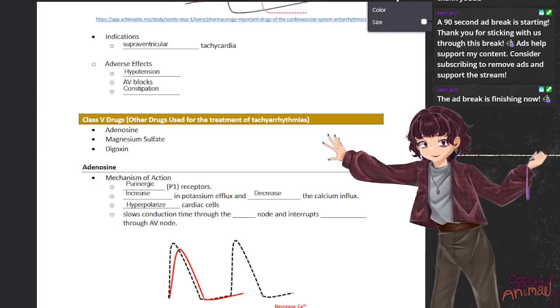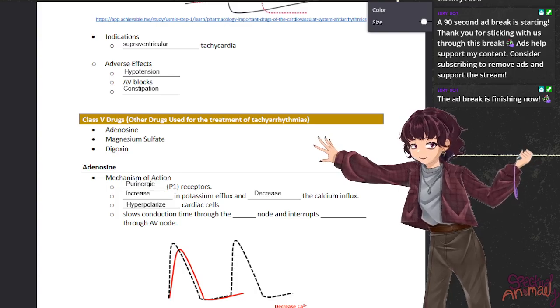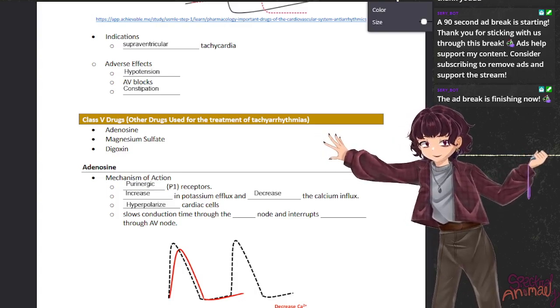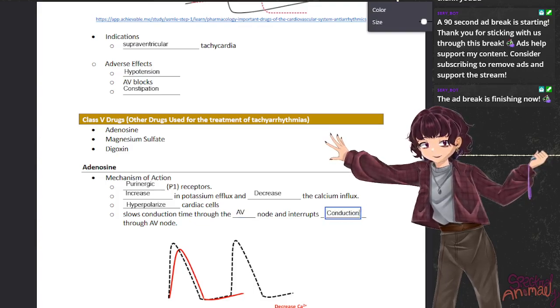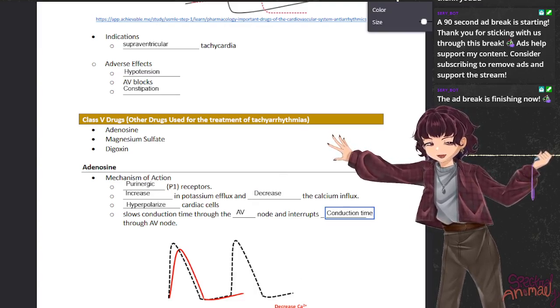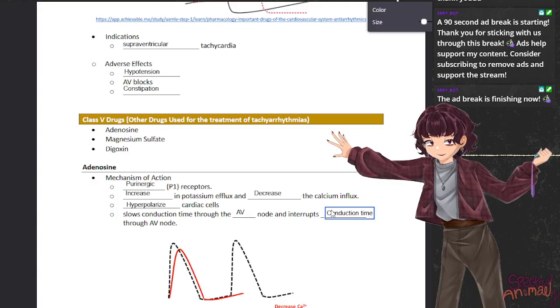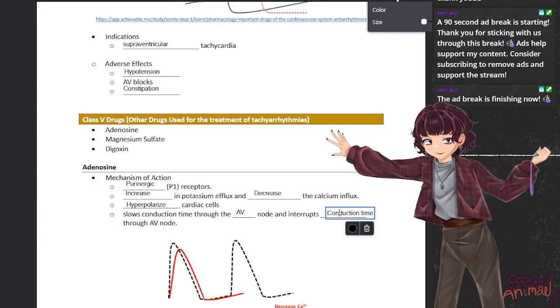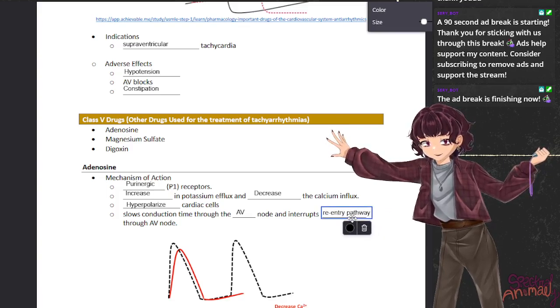This then slows conduction time through the AV node and interrupts re-entry pathways through the AV node.